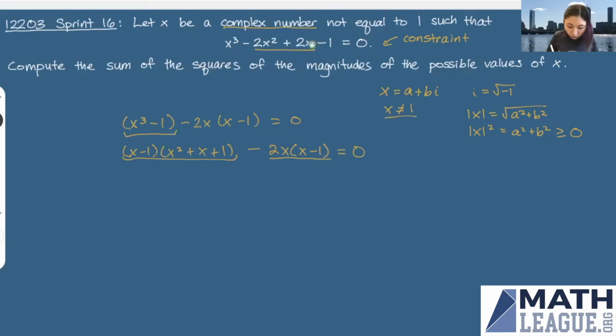All right, cool. So since x is not equal to 1, we want to go through and cancel stuff out. So we will cancel and cancel. And therefore, we are left with x squared plus x plus 1 minus 2x, which is equal to x squared minus x plus 1, and that's equal to 0.